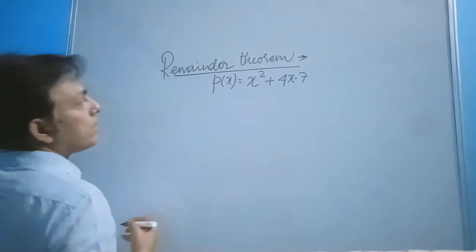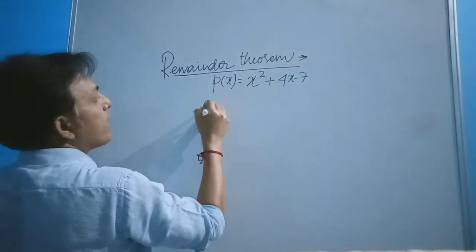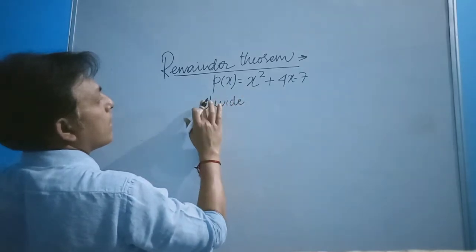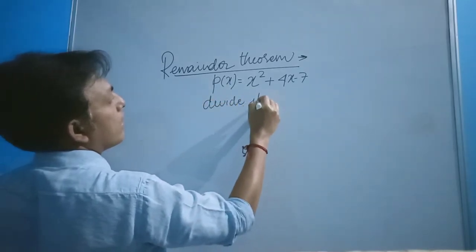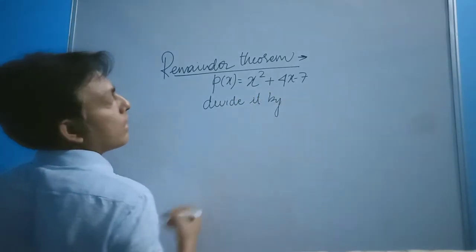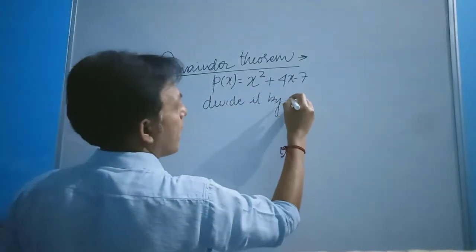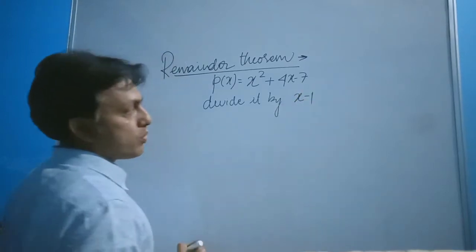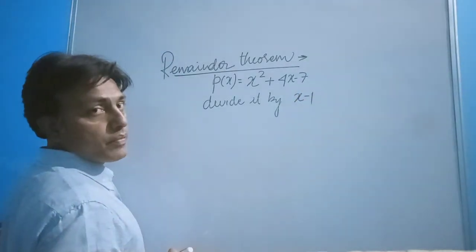and I am going to divide it by x minus 1, correct?